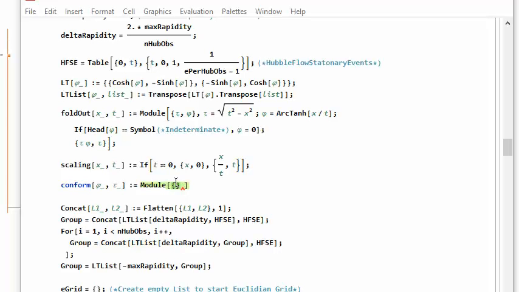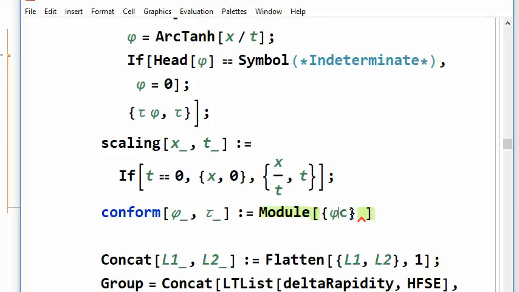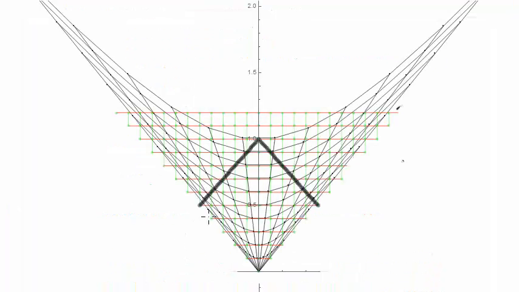We're going to make it into a module with a few extra variables, such as phi c, which is the rapidity of the cone, or to be more explicit, it's the rapidity of the Hubble observer who is observed by that cone, or produces the light that creates that cone, right?